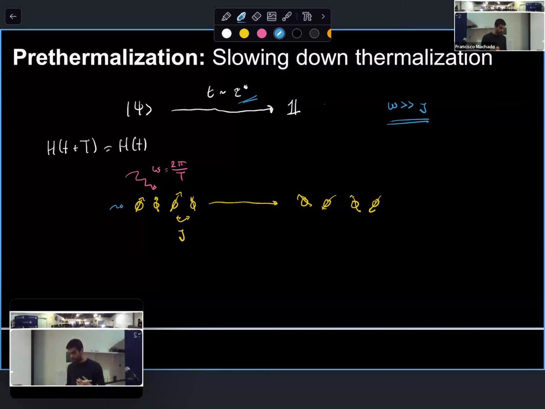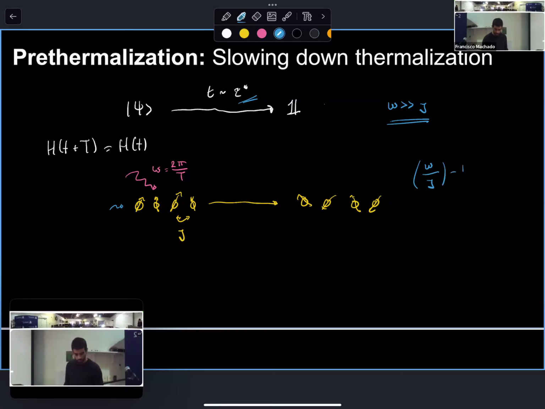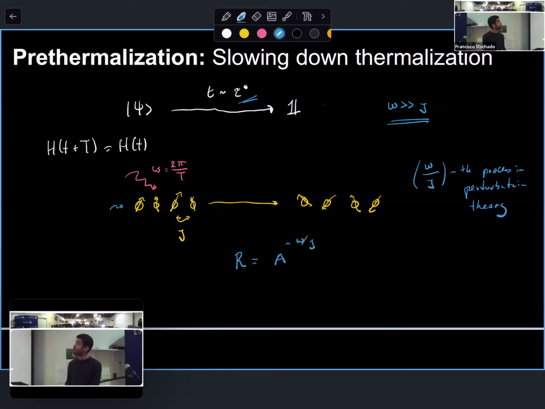From this you can get an intuition that the rate at which this energy absorption goes is going to be given by a process in perturbation theory of order omega over J. And if you take this at face value, you then should expect that the rate of heating is going to have some energy scale, some constant, but is going to be exponentially suppressed by how many layers of perturbation theory I need to do.